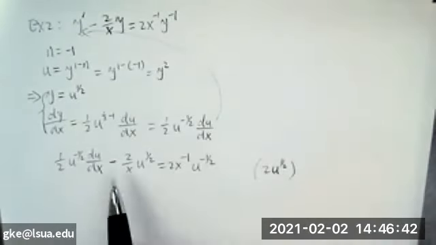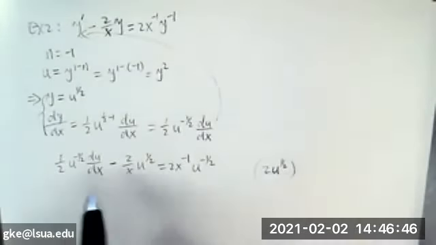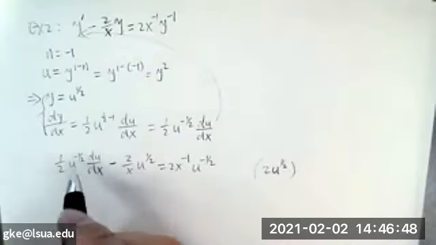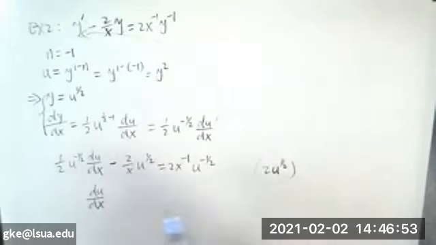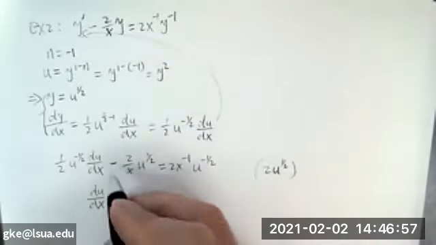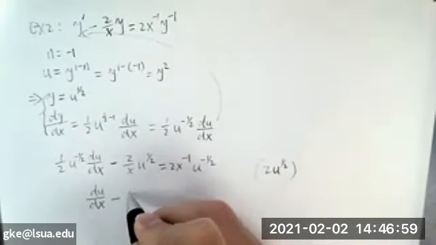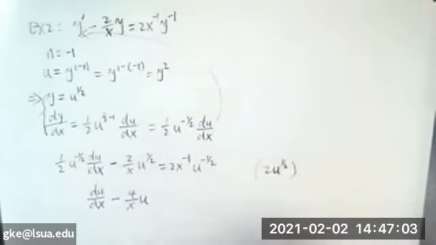Our goal is to transform this to the standard form. After you multiply, it cancels out: u to the power 1/2 times u to the power -1/2 is u to the power 0, which is 1. And 2 times 2 is 4. u to the power 1/2 times u to the power 1/2 is u.